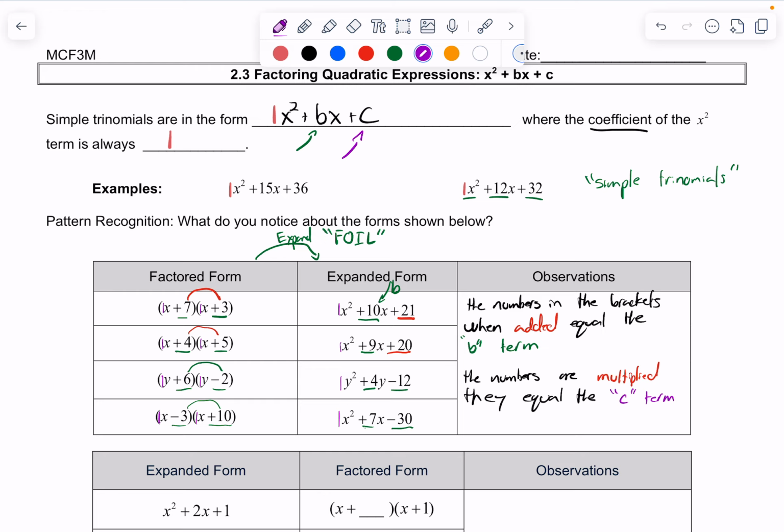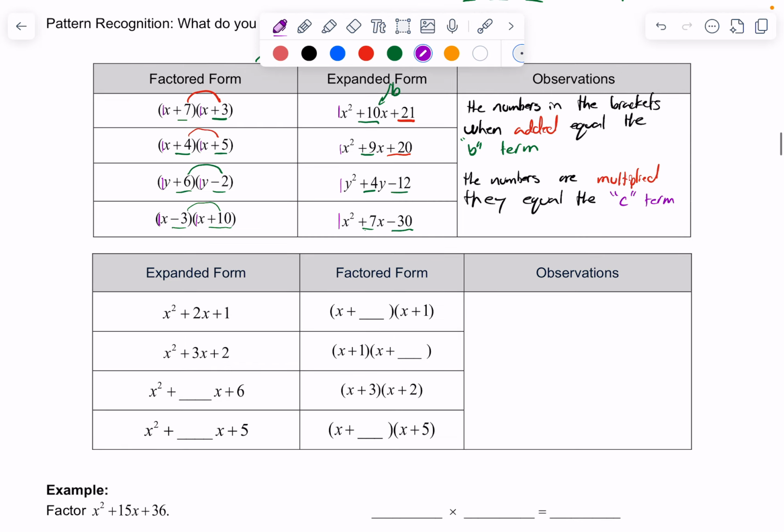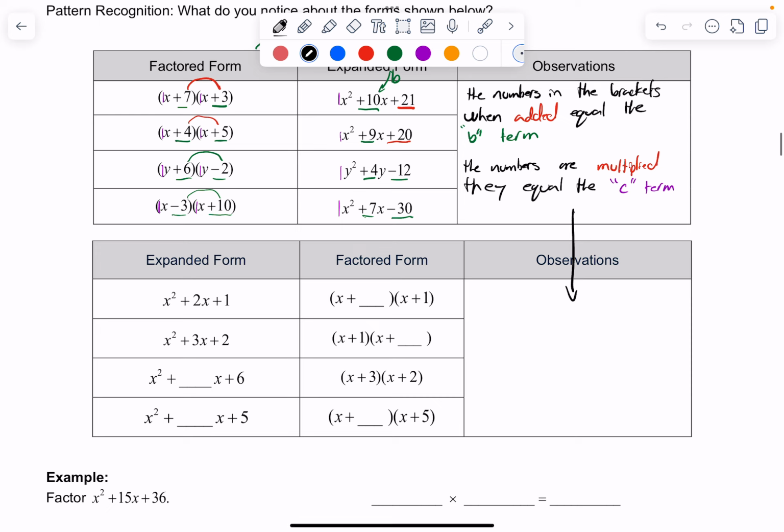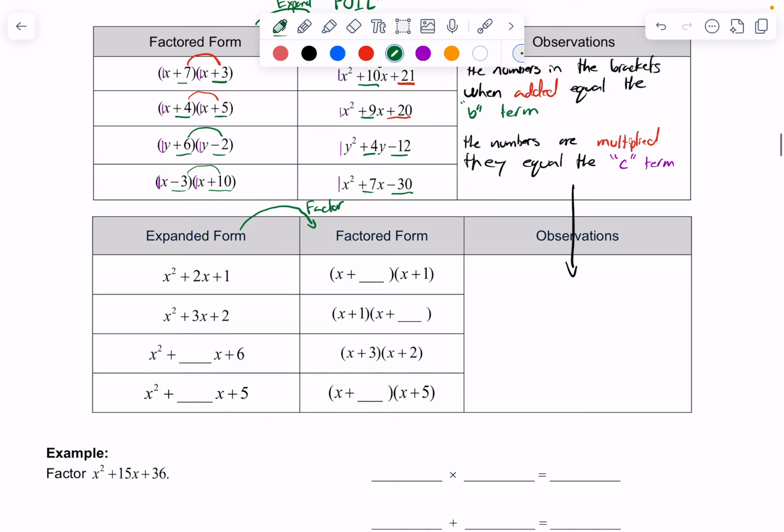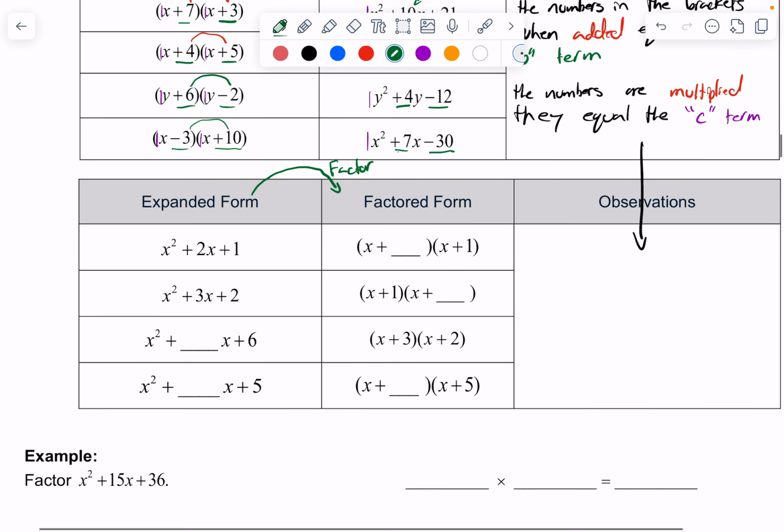All right, so let's use these same observations to answer this next part right here. In this case, we're starting with expanded form and we're going to factored form. So we're going this way right here. Going from expanded to factored, you have to factor. Using those observations we said above, notice here we have our b term.